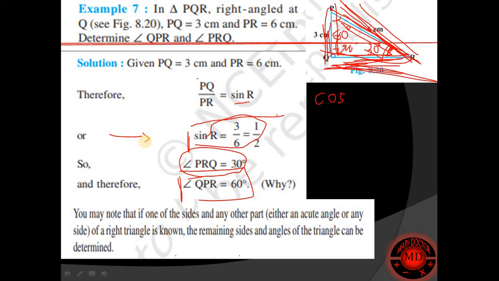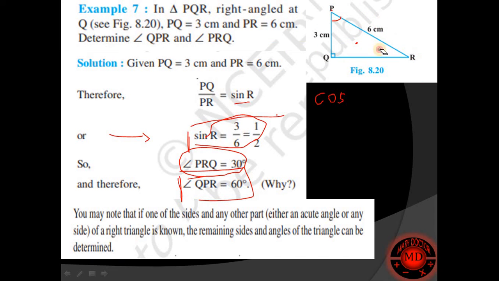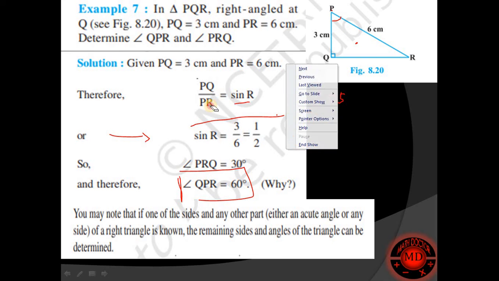For finding sin R, we just determine the relationship between the sides already given to us, these two sides, and this particular R. If this angle is determined, then we can easily find this angle. So that's the idea. Very easy concepts are there.